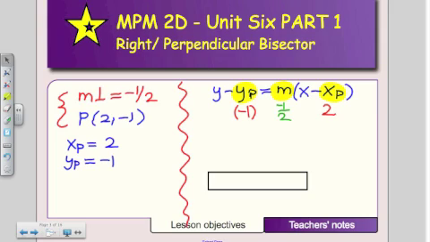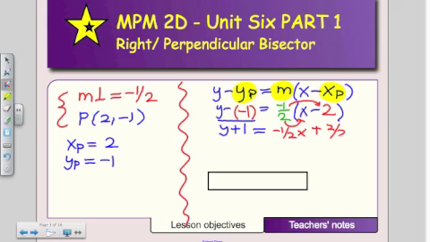So that's the rest of the equation: y minus (-1) is equal to -1/2 times (x minus 2). Next step is to use the distributive property. So y minus -1 simplifies to y plus 1. And now we are going to distribute the -1/2 to the first term and to the second term. That will give me -1/2 x plus 2/2.